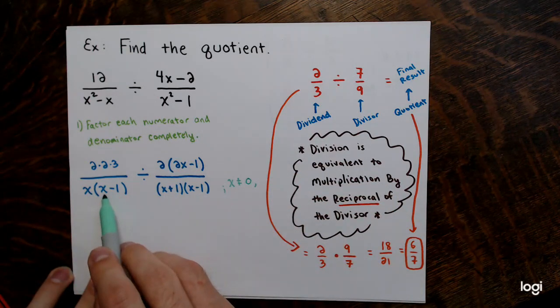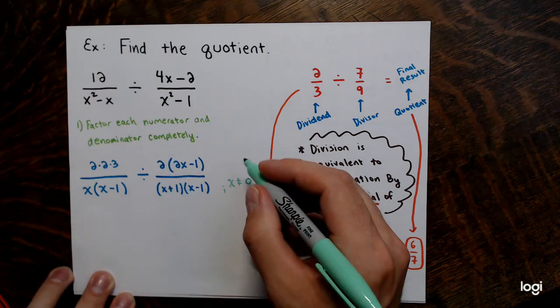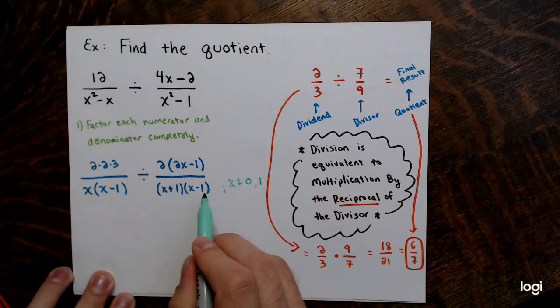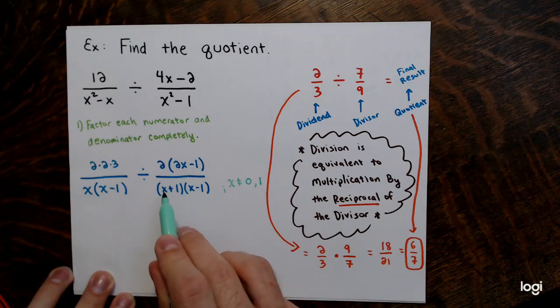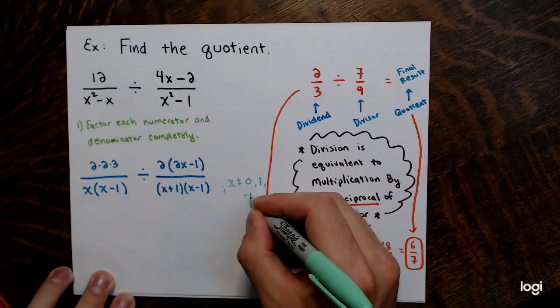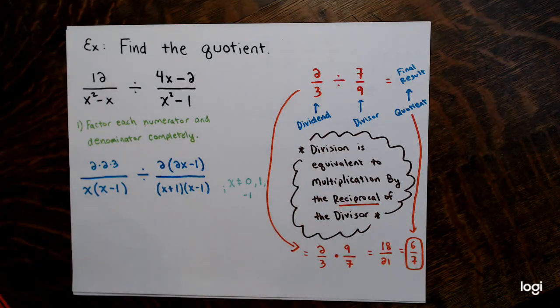x can't be 1, because that would make this factor 0, making this denominator 0. Same thing here, it can't be 1 over here either, it'll make this denominator 0. And also, looking at this factor of this denominator, x can't be negative 1. Right now that's my list, and it'll be added to, you'll see.